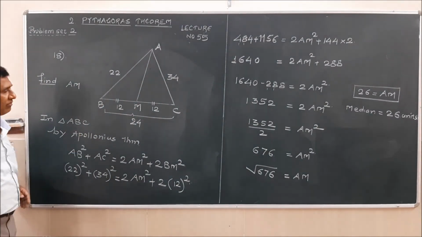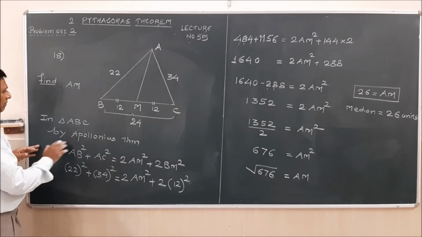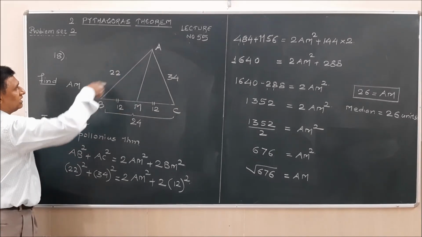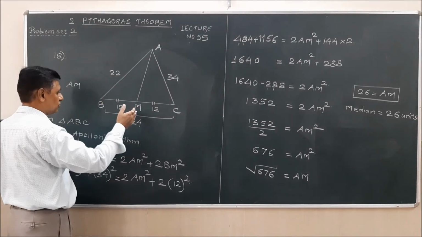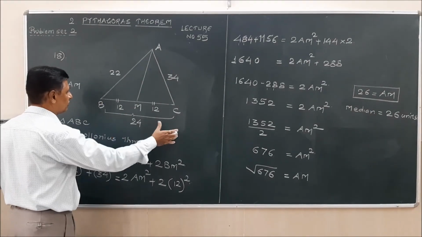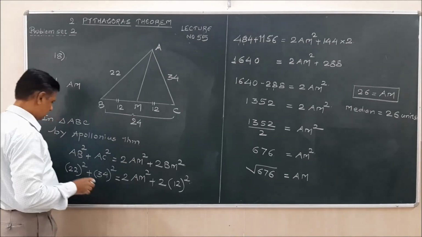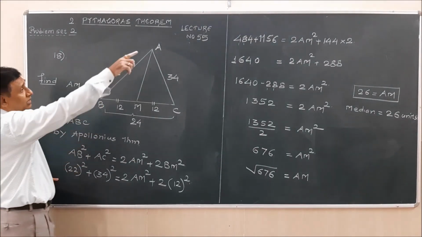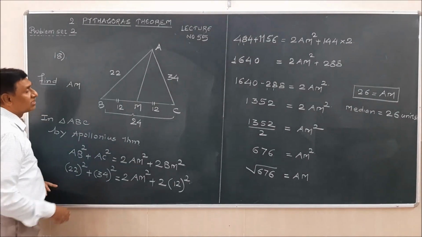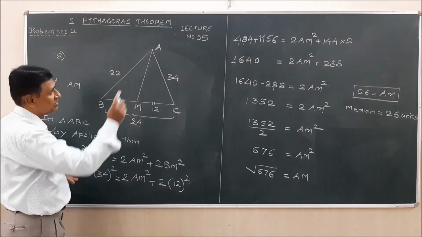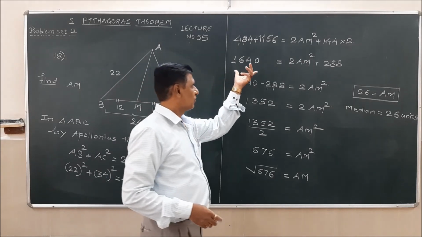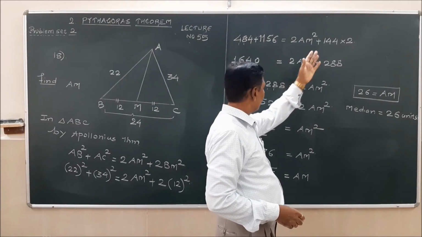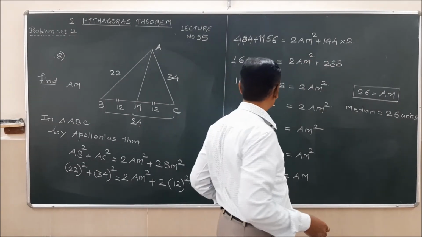Please have a review of this sum. By Apollonius theorem in triangle ABC, AB squared plus AC squared is equal to twice AM squared plus twice BM squared. Total is 24. This is 12. So 22 square is 484 plus 34 square is 1156. If you add these two, you'll be getting 1640. 2AM square, 144 into 2, that is 288.